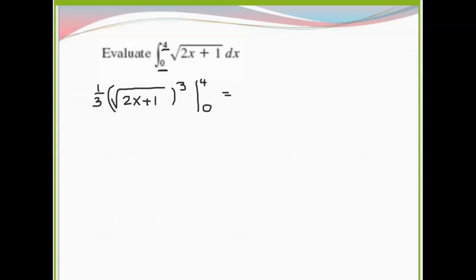So you could take that answer that we already got. Remember, the square root cubed is the same as 3/2.